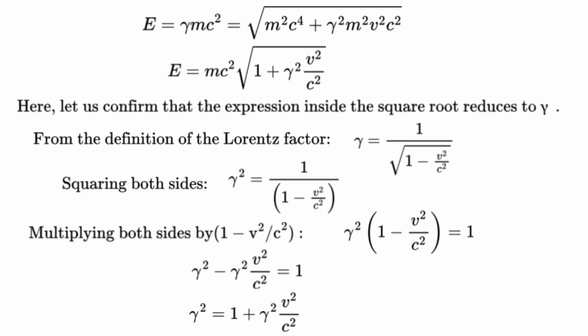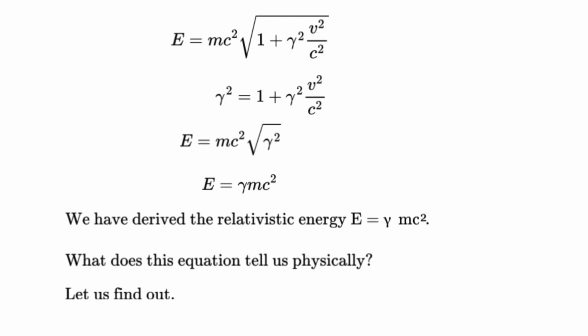Here, let us confirm that the expression inside the square root reduces to gamma. We have derived the relativistic energy E equals gamma mc². What does this equation tell us physically?